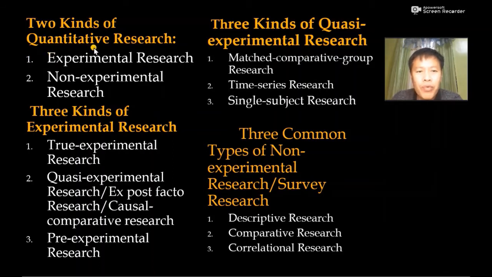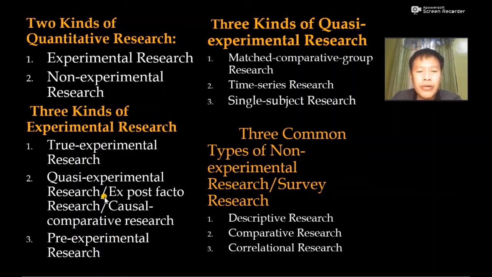There are 2 types of quantitative research: the experimental, and this will use the experimentation stage, experimental design, and we have the non-experimental research. And there are 3 kinds of experimental research: true experimental research, quasi-experimental research, also known as ex post facto research, or causal comparative research, and 3 is pre-experimental research.